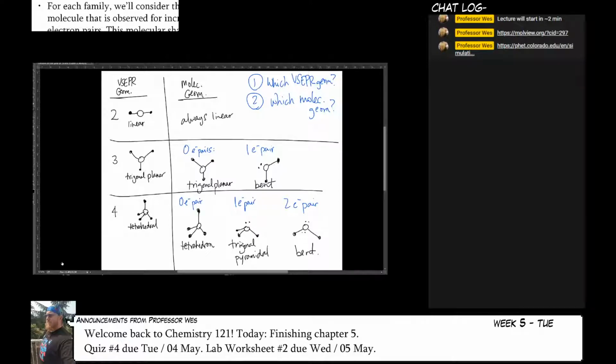So, for example, if you had a molecule that had 3 electron groups, this would be your VSEPR geometry right here. Then you would ask how many electron pairs are around the central atom, 0 or 1, and select the response that matches your diagram. So a molecule that looked like this down here would be trigonal planar VSEPR geometry and bent molecular geometry.